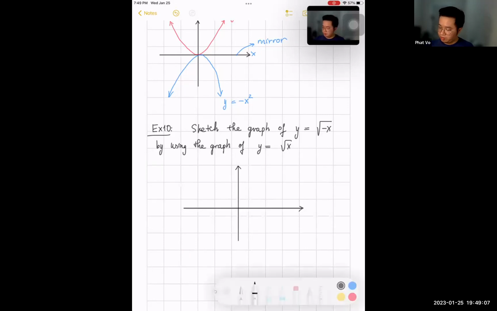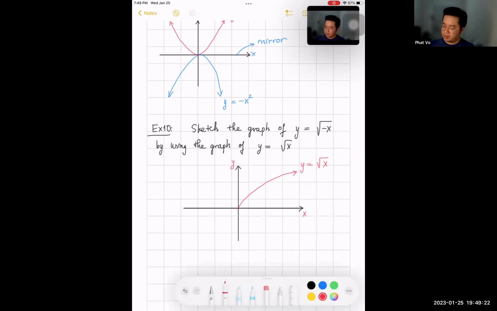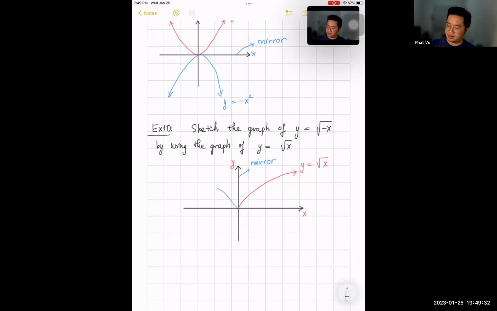Okay, I will use the red one to sketch the graph of the basic function. It is like this. This is the square root of x, right? So now I have the y-axis here as the mirror, right? So now the new function should be like this.